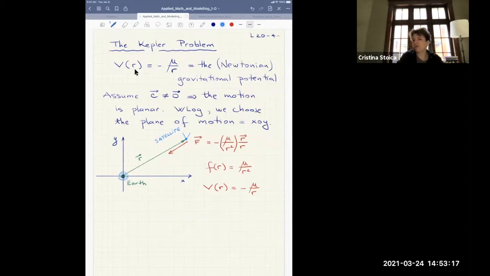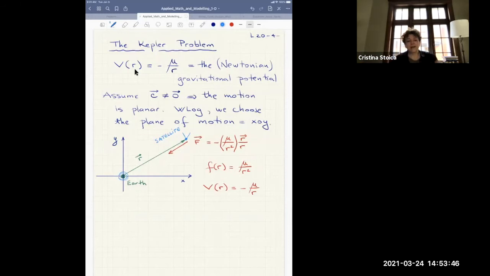So we're going to look at the motion of a satellite, assuming that the Earth is perfectly round, with the mass concentrated in the center. We're also assuming that there is no solar wind and no dissipation, so no atmosphere of the Earth, because the atmosphere would slow down the motion through friction with the air.